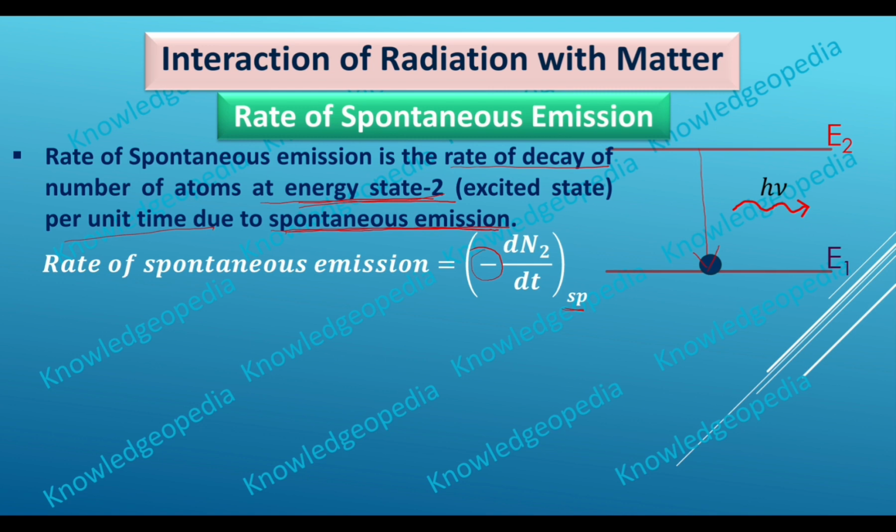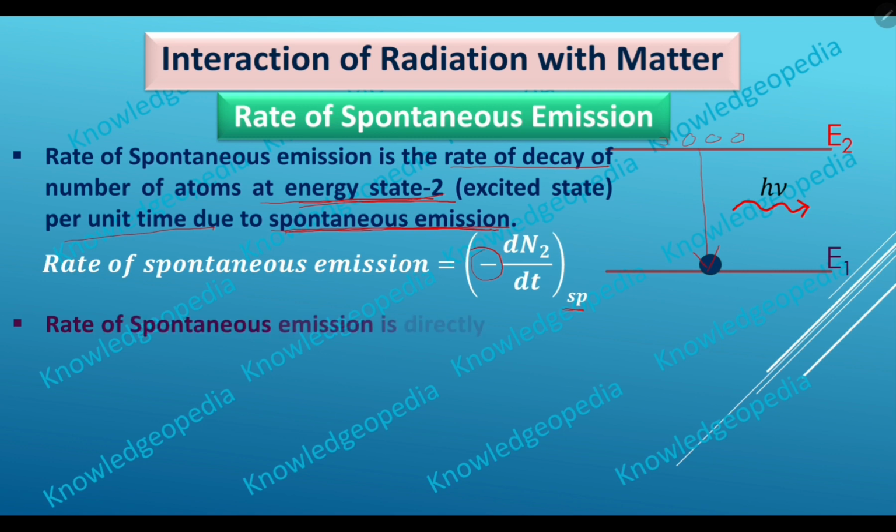Can you tell me what physical quantities this rate depends on? For absorption we have seen that it depends on the population at the ground state, and also on the photon density. But here this transition occurs without any external trigger. It occurs on its own. So it depends only on the number of atoms present at the excited state.